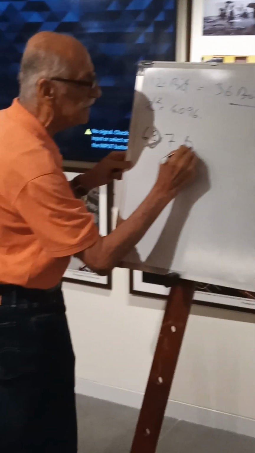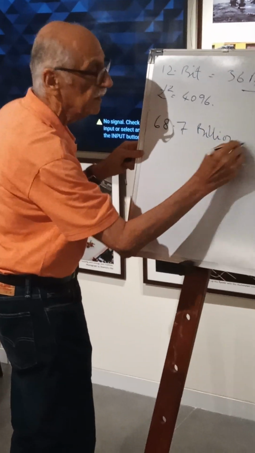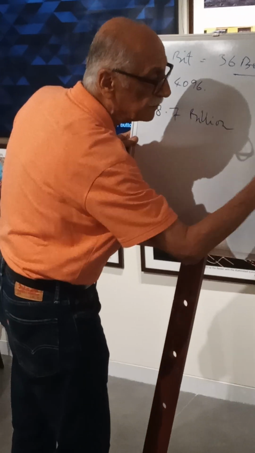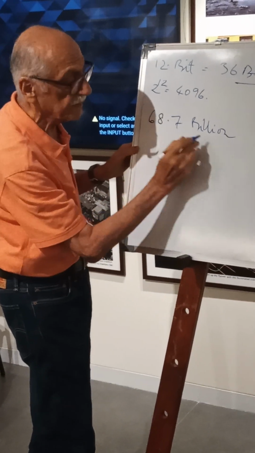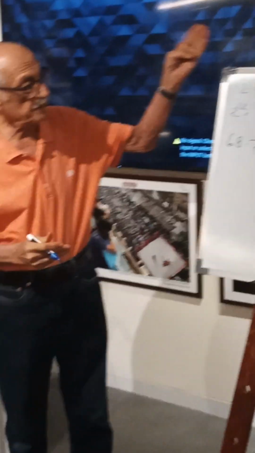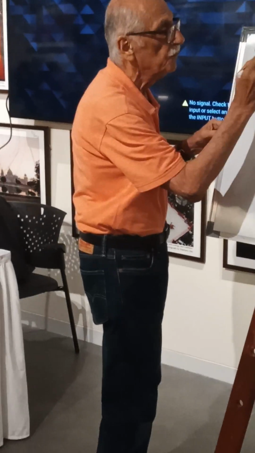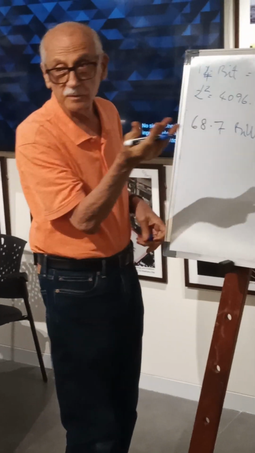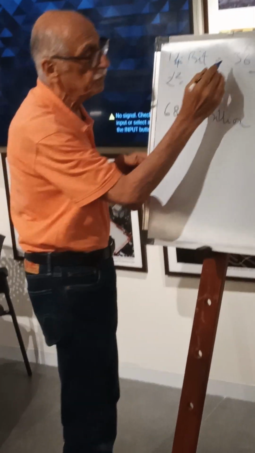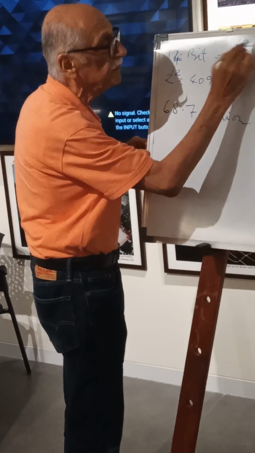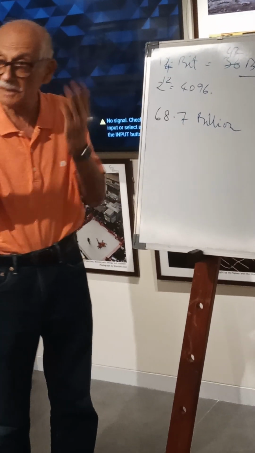68.7 billion possible values, not million. See the difference between the two? And now let's go to 14 bit. 14 bit would be 42 bit color or 14 bit per channel.